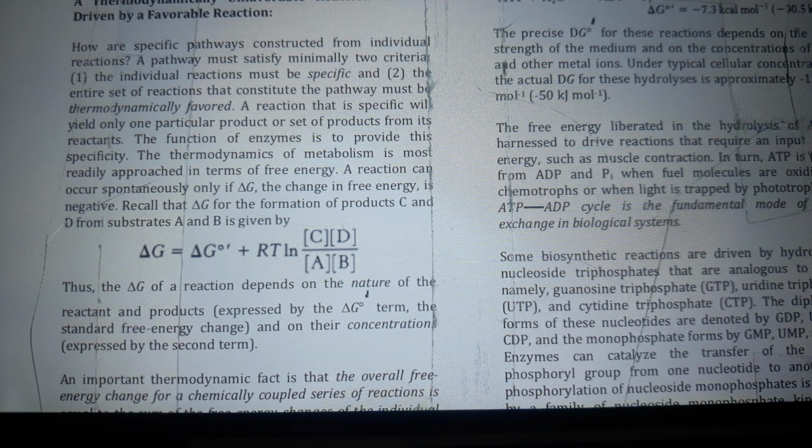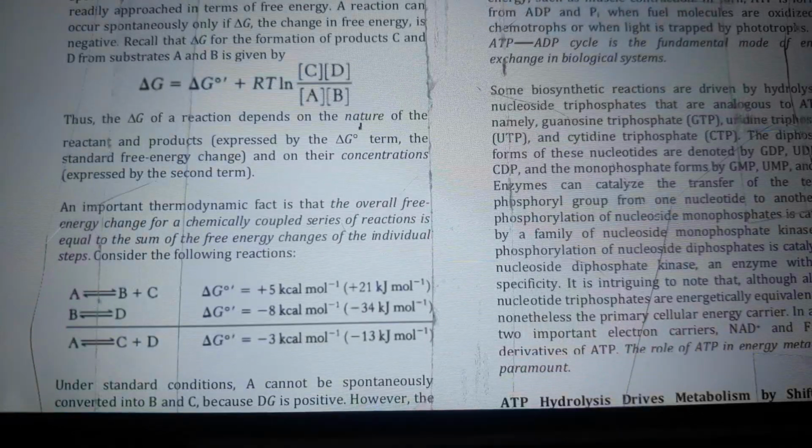The thermodynamics of metabolism is most readily approached in terms of free energy. A reaction can occur spontaneously only if delta G, the change in free energy, is negative. Recall that delta G for the formation of products C and D from substrates A and B is given by delta G equals delta G0 prime plus RT natural logarithm of [C][D] over [A][B].